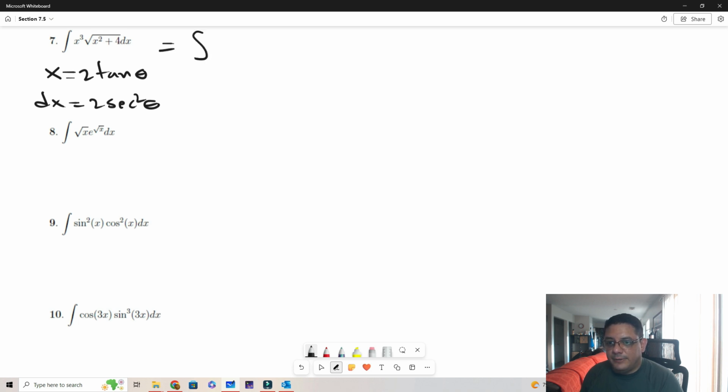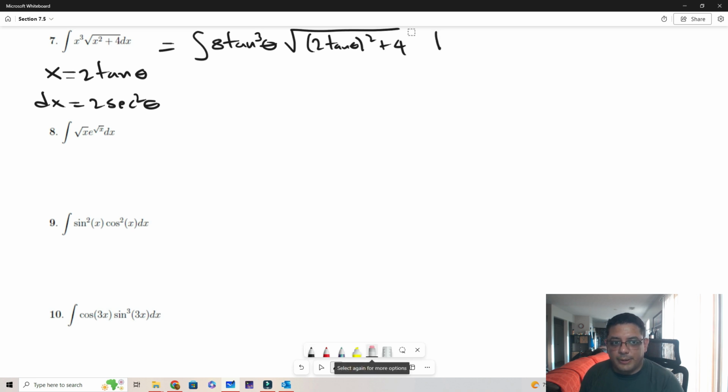Now if I plug this in the integral, this is going to be 8, 2 to the 3 is 8, tangent cube of theta, and this is going to be square root of 2 tangent of theta squared plus 4, and then multiply by secant square of theta d theta.